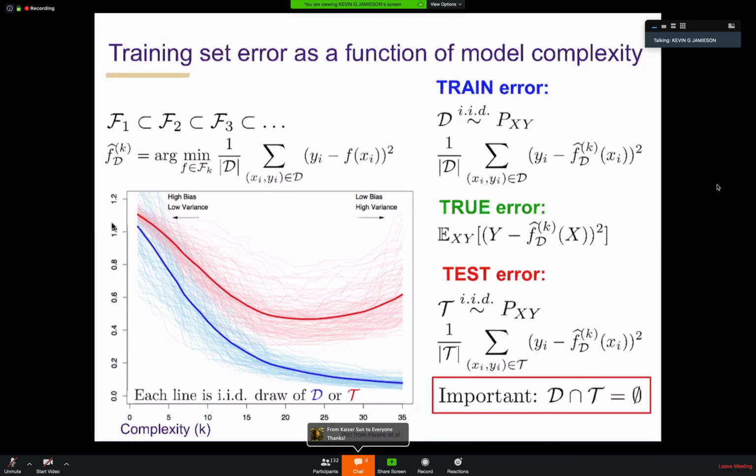So whenever you want to evaluate your model f hat, you have to collect a new data set, or have a separate data set you've never looked at, and then evaluate your function f hat on that test set. That will give you a look at how well the true error of your function performs. That's all this says.